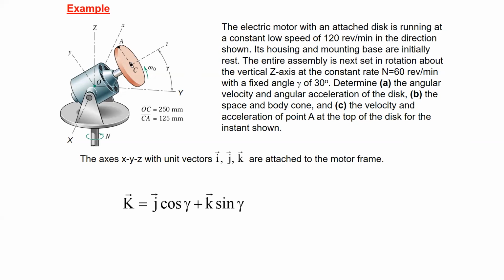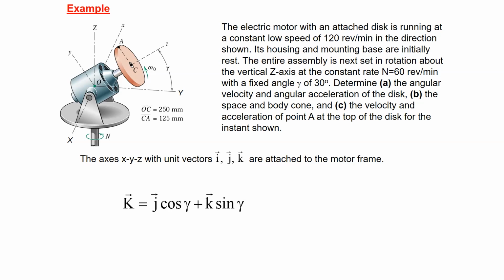Then we have small x and small y. These are perpendicular to the z-axis. In fact, small xy is also a plane representing the disk, so the disk lies in the plane small xy.